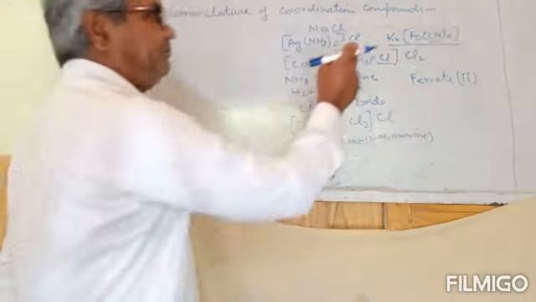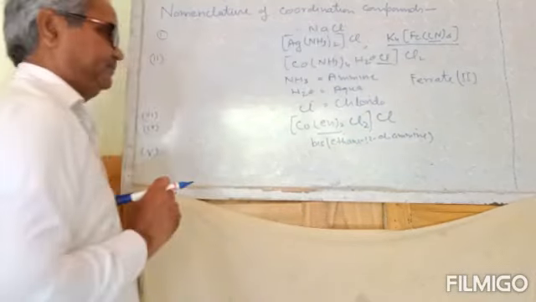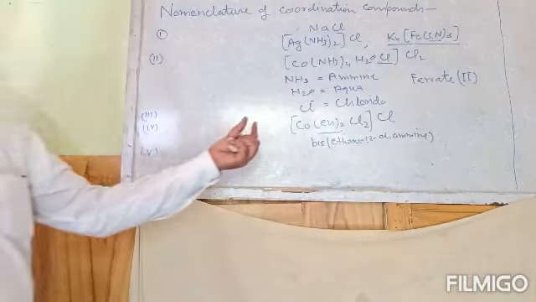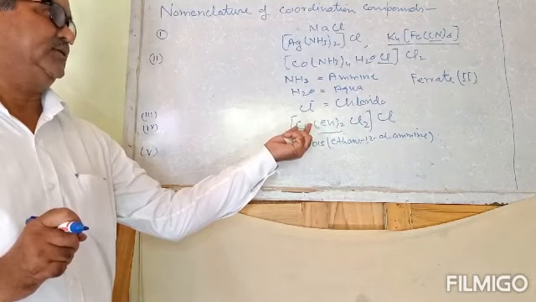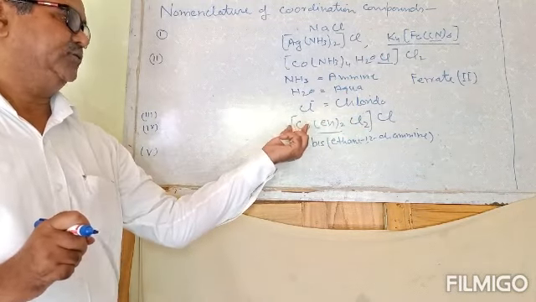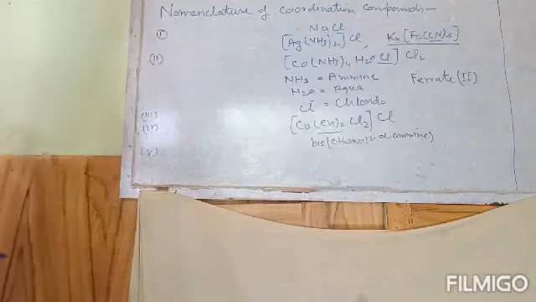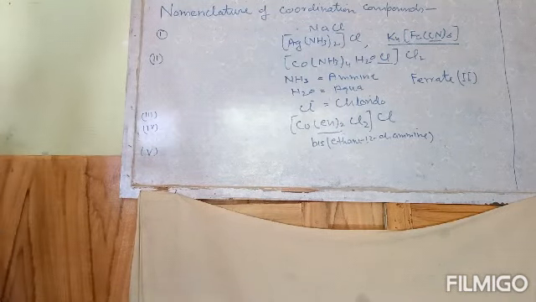This will be the complete name of this compound. Here it is present in the cationic part, therefore the name will be cobalt(III). Cobalt, right?